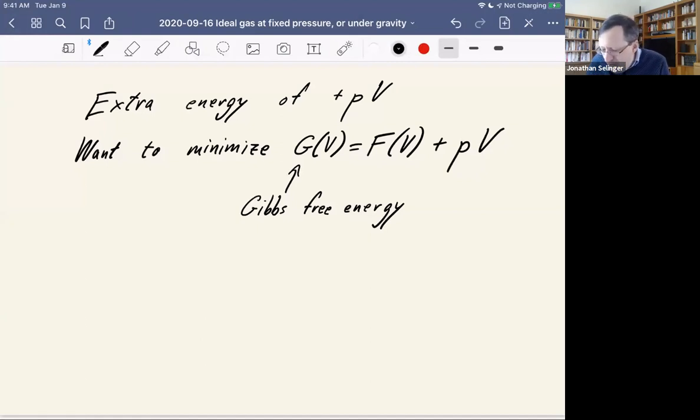It's often introduced in a very mathematical way, saying you can have a function of volume or you can have a function of pressure.